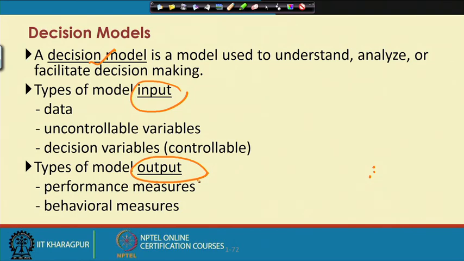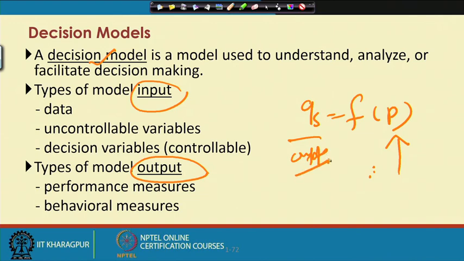Previously we wrote a supply equation or demand equation like simply Qs equal to a function of P. So, this is a kind of input process, and this can be called output process, but how they are linked, we will discuss in the later stage. This is input and this is output. So, now it is the game between input and output.